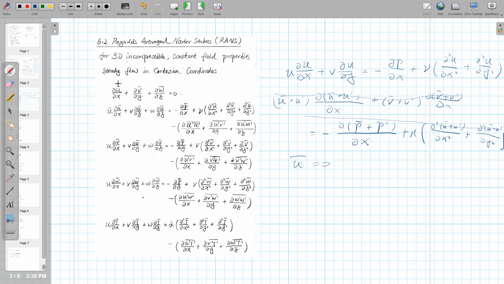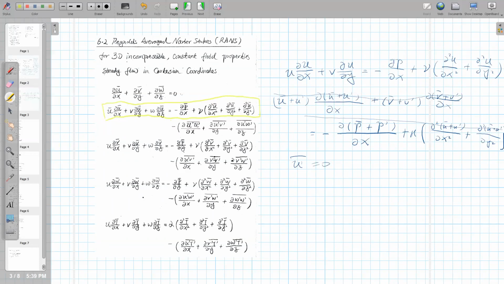Steady state means I neglect the transient term, for Cartesian coordinates. After you do this averaging, it is still the same form as the instantaneous equation. We have the convection term, the pressure term, and the viscous term.